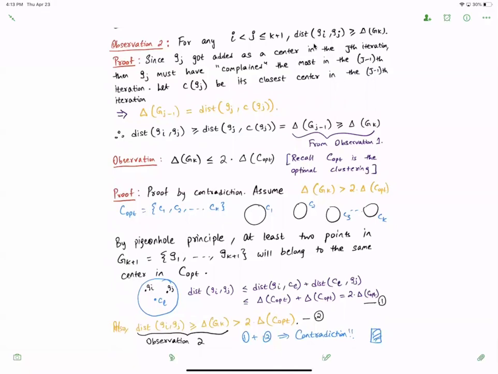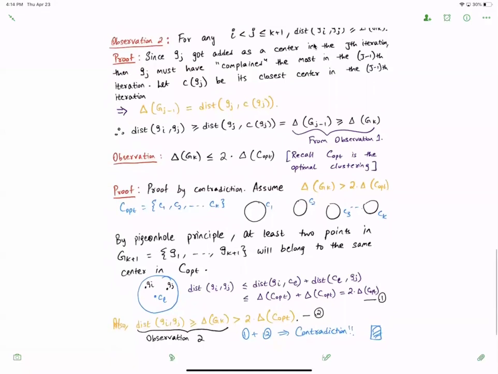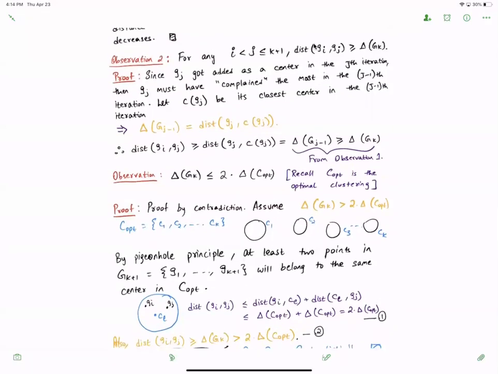Now, as you can see, we have arrived at a contradiction. Equation 1 says the distance between Gi and Gj is at most 2 times delta C-opt, whereas equation 2 says the distance has to be at least 2 times delta C-opt. That's the contradiction, and that essentially shows that this observation is proven: delta of Gk is at most 2 times delta C-opt.